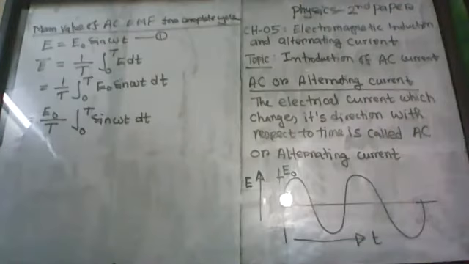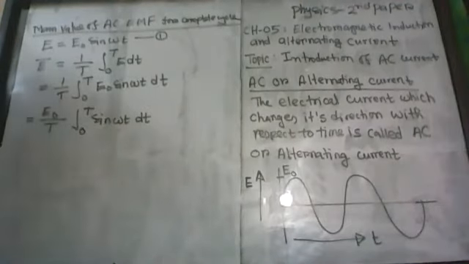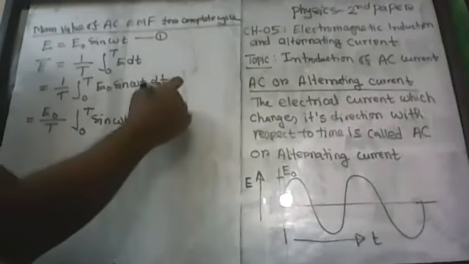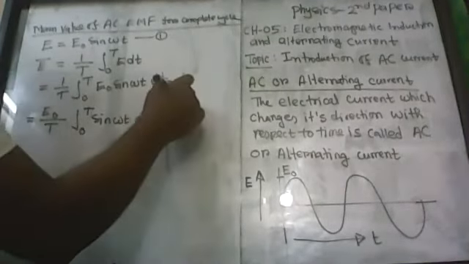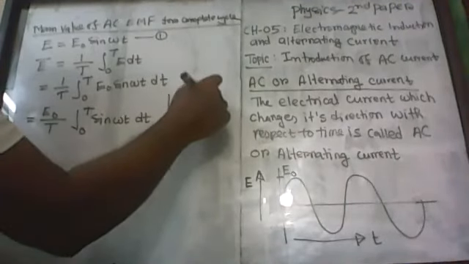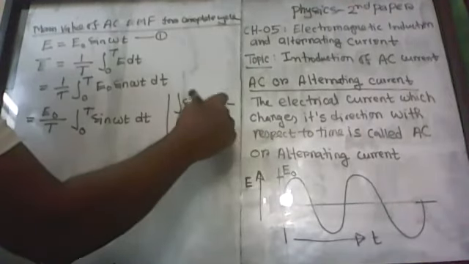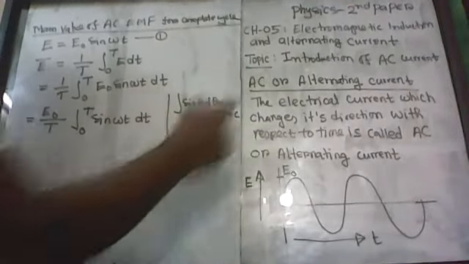You know that, boys and girls, the integration of sine theta will equal minus cos theta. Here I'm going to write down the formula. The integration of sine theta d theta equals minus cos theta plus c.